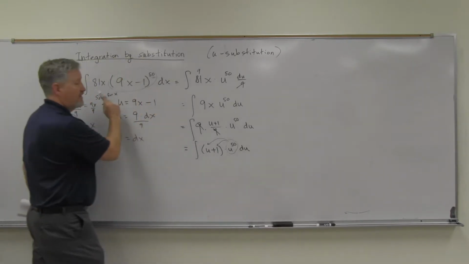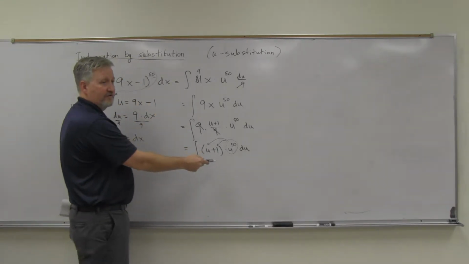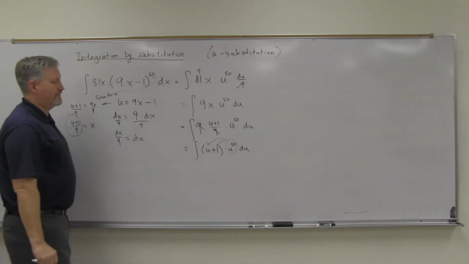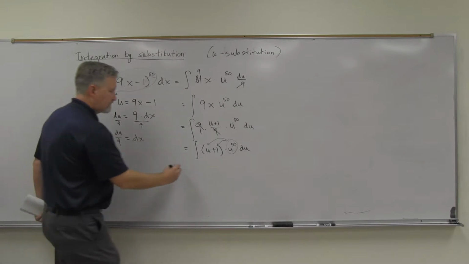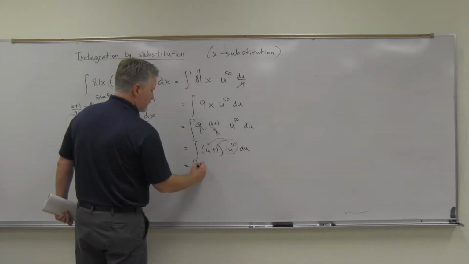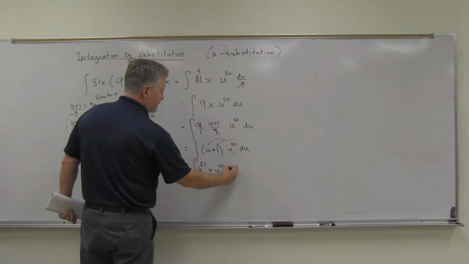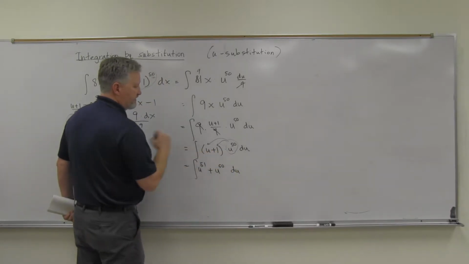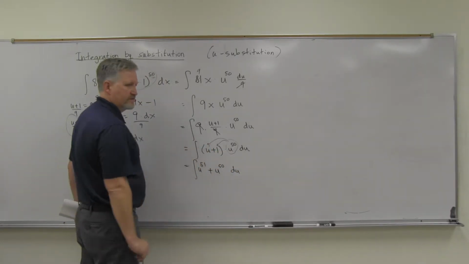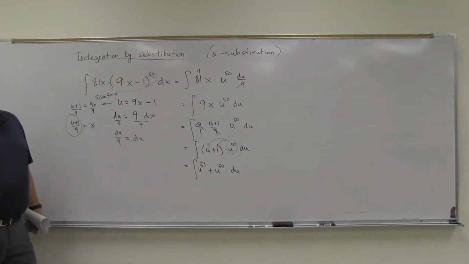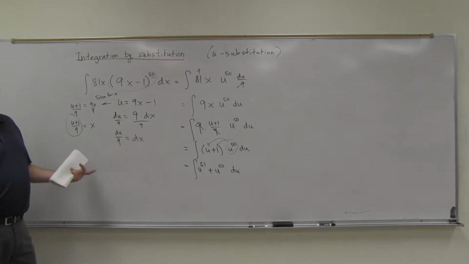So I couldn't distribute here, but now I can distribute here, you see. So I kind of switched it where I could distribute. That's just u to the 51st plus u to the 50th, right? U to the 50th times u to the 1st is u to the 51st, and then the 50th. Aha, so now I don't have multiplication once I distribute there.